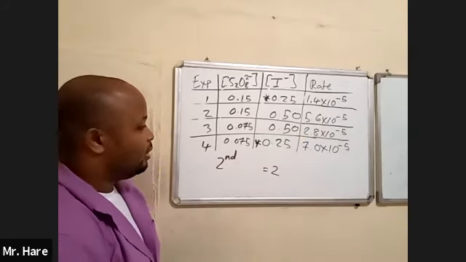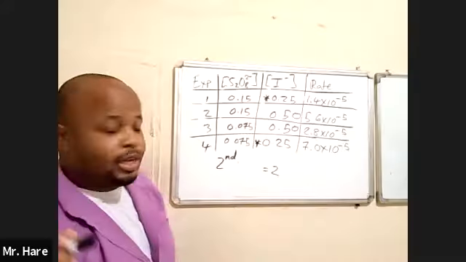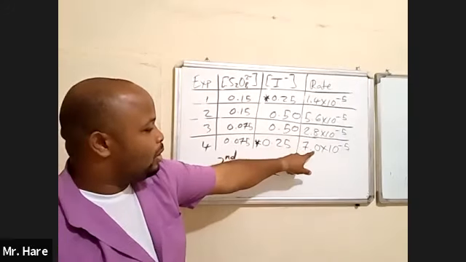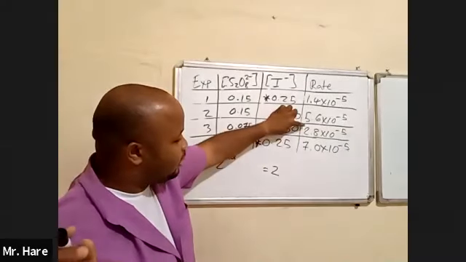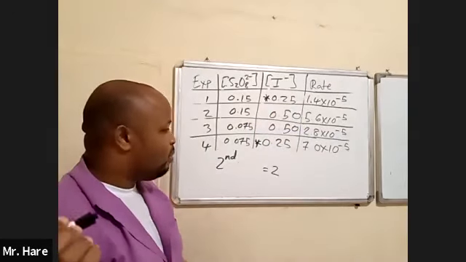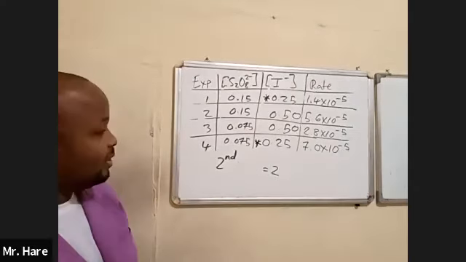All right. And what will happen here with the rate? If you divide the bigger number by the smaller number, what answer will you get? 4. Yeah.